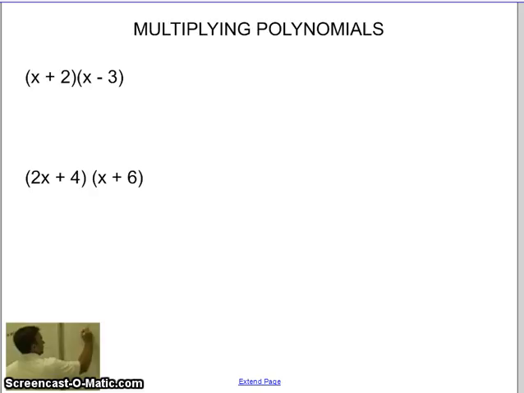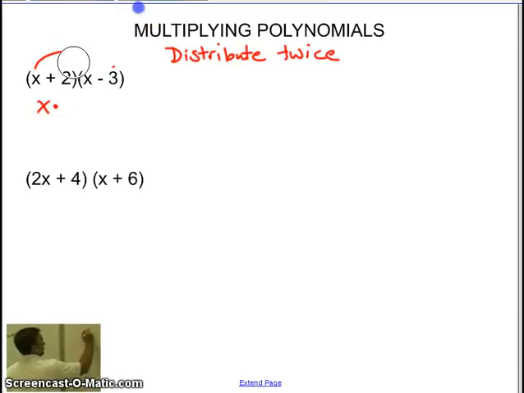Now if we're multiplying binomials, where we have 2 terms, what we could do is distribute twice. We take the x, and we're going to times it by x. And then we're going to take the x and times it by -3.